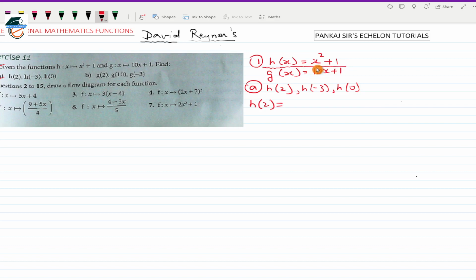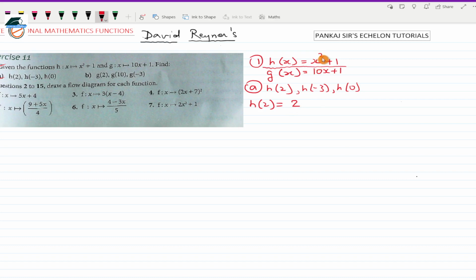In this h of x function, which is x square plus 1, all you have to do is in the place of x, I'm telling you again, only in the place of x, you have to put this value 2.